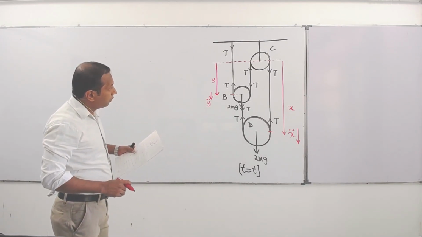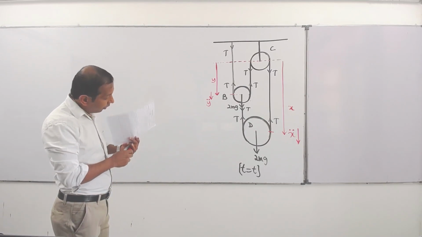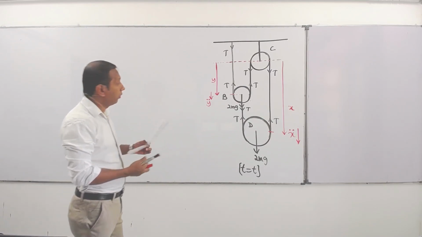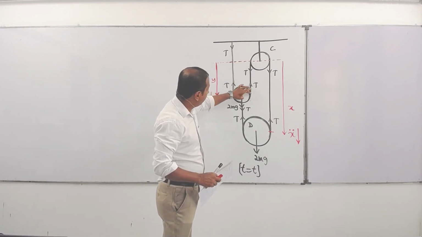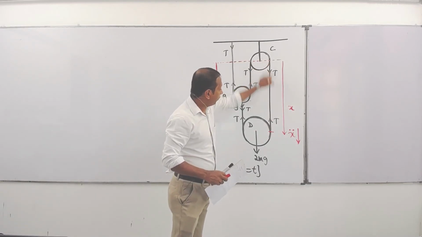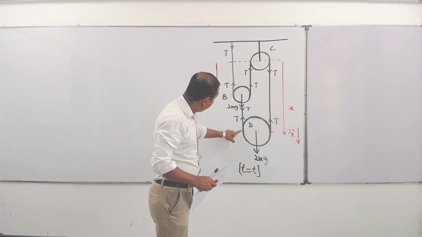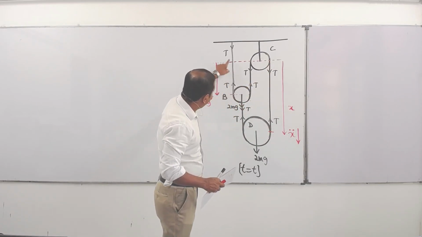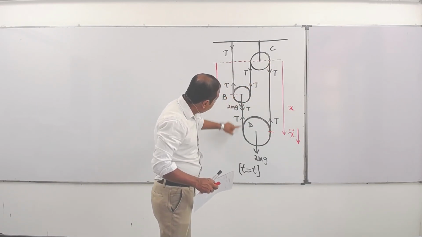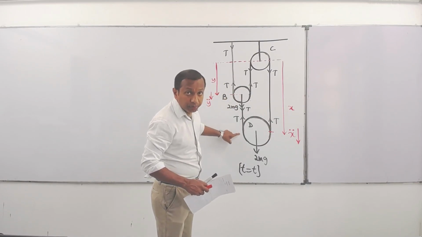Now at time t equals t, I can write the total length of the string. This is y, this is y, this is x, and from here to here, all of this is x, this is y, then this length is going to be x minus y.